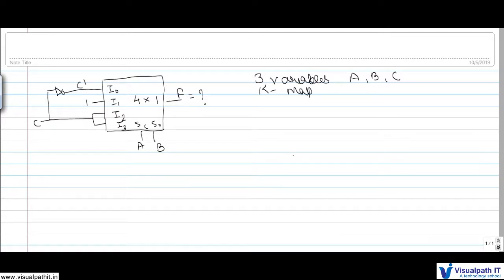Now always remember that whenever you are drawing a K-map, always take the input on this side. So we have the input C, so take it here, and the selection lines over here.